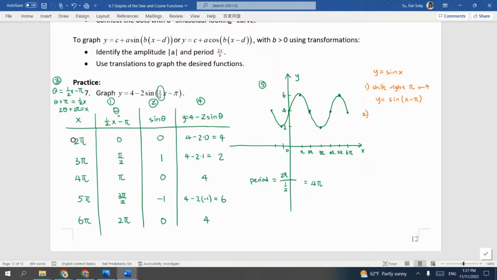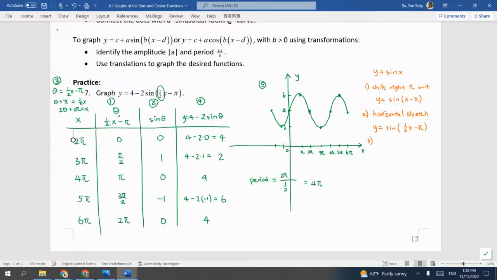Here, this 1/2 is a horizontal stretch. If this number is bigger than 1, it's compression. If that number is less than 1, then it's horizontal stretch. So this is horizontal stretch, and we get y equals sine of 1/2 x minus pi.